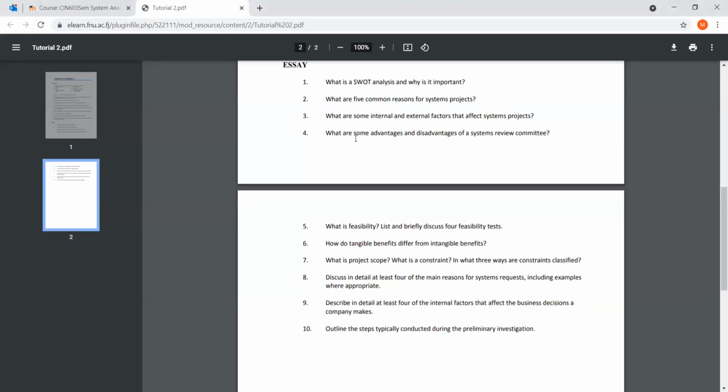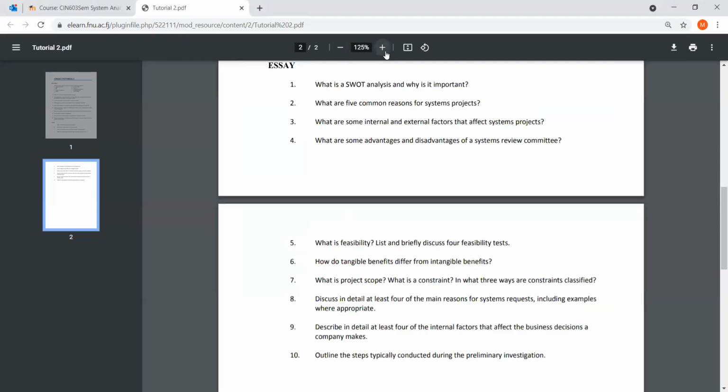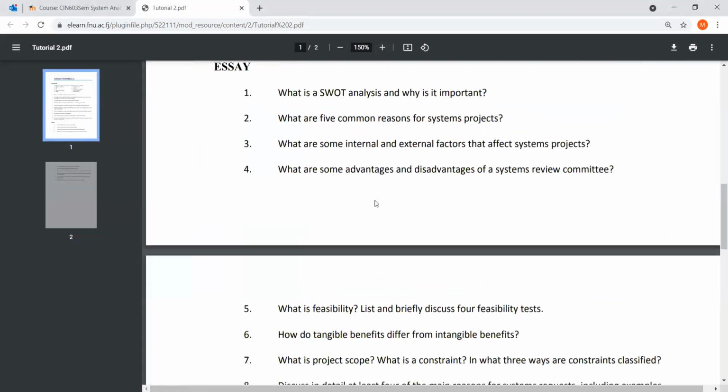Now, question number 2. What are 5 common reasons for a systems project? So we'll list them down. This was explained in the lecture notes very well. You had a diagram.